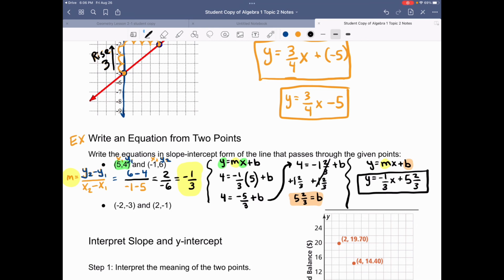Like I said, re-watch this video and work it out step by step. And notice, the first thing that we did was we found the slope. The second thing that we did was we had to solve for the y-intercept b. And then finally, the third step is we just had to plug in our m and our b, our slope and y-intercept, into the equation y equals mx plus b.